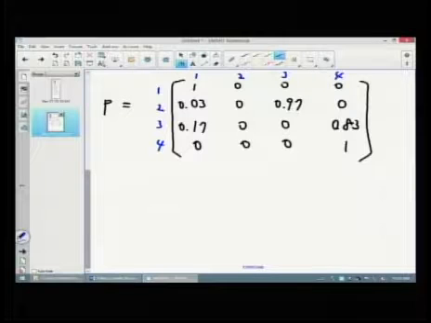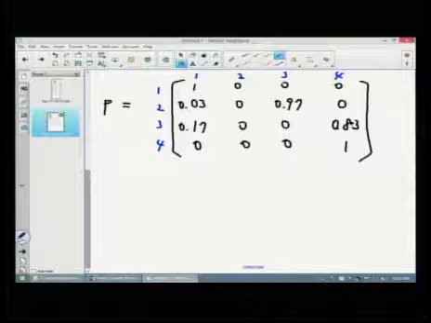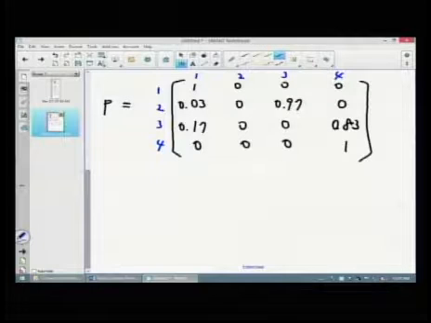We need to resort the states of the system. So what I'm going to do is either move state number 4 before state number 1, or move state number 1 after state number 4.